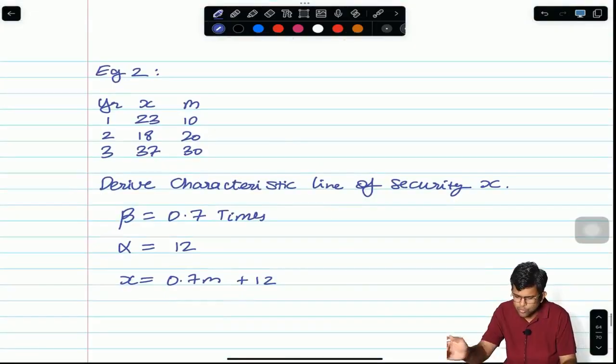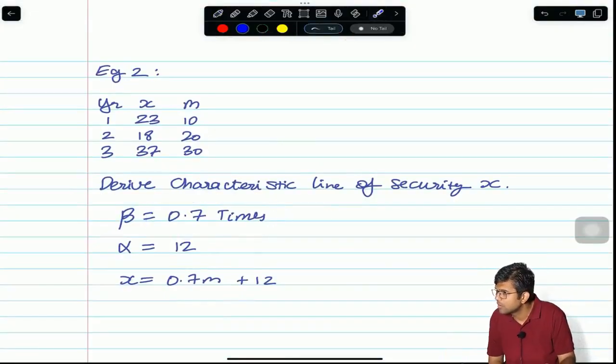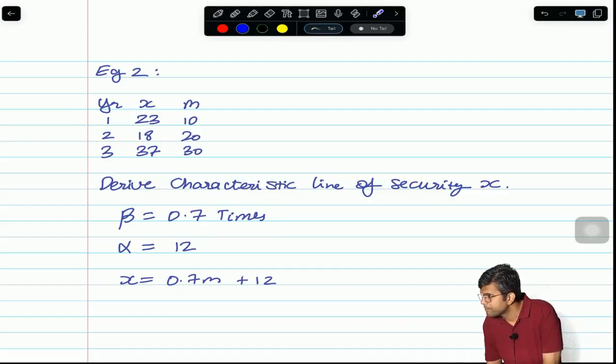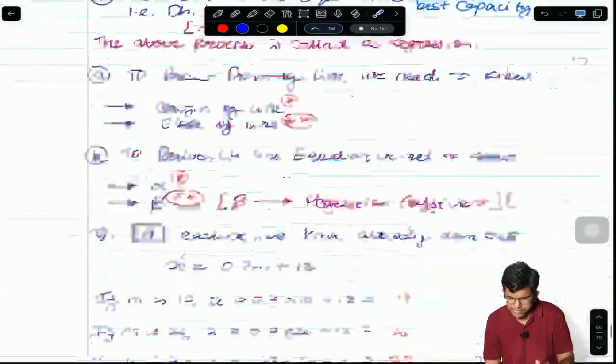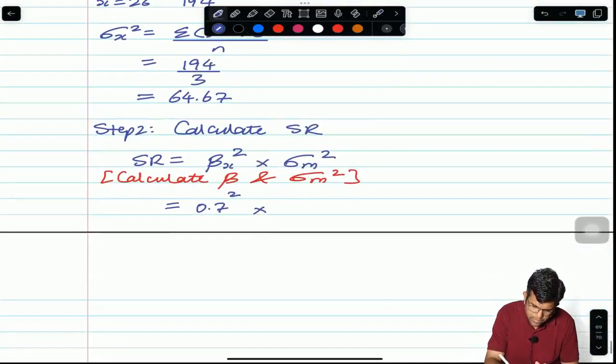You must be having it, because you all did this calculation on your own. Just check example 2 of part A. It is 66.67.